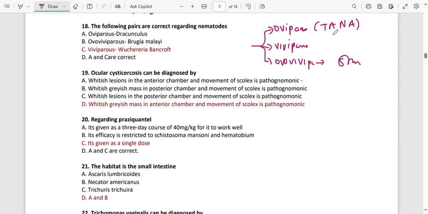So if it is not trichuris, not ascaris, not ancylostoma, not necator, and not strongyloid, then it is viviparous. That's the only thing we can know. So you can see the only way you can be viviparous is if you are not in that group.